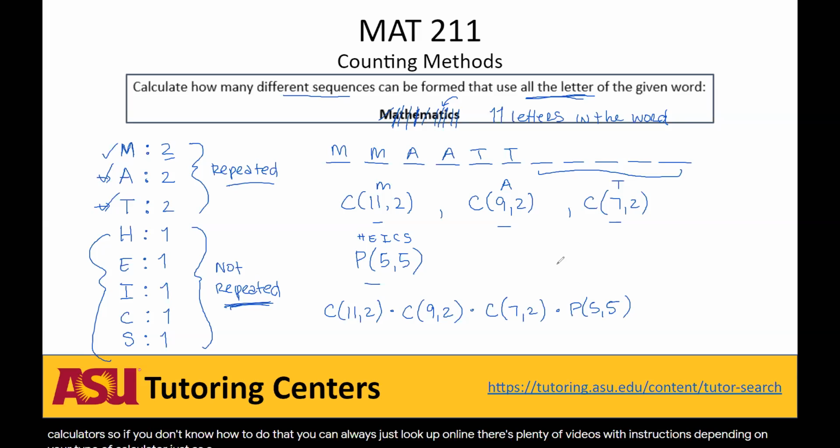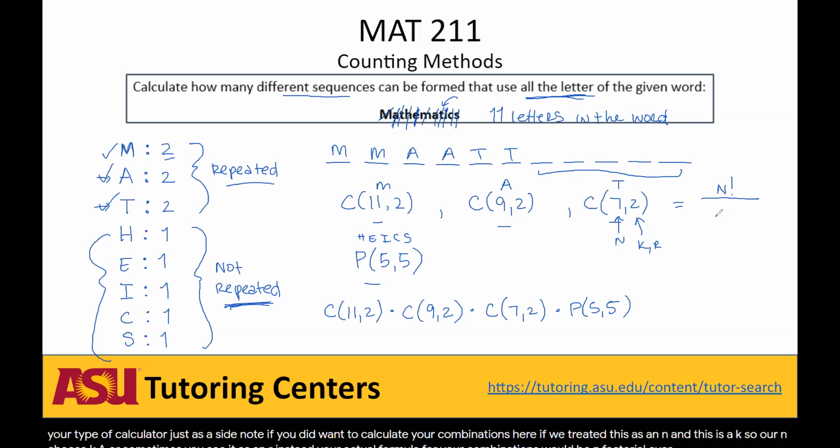Just as a side note, if you did want to calculate your combinations here, if we treated this as an N and this is a K, so our N choose K, or sometimes you see it as an R instead, your actual formula for your combinations would be N factorial over K factorial times N minus K factorial.